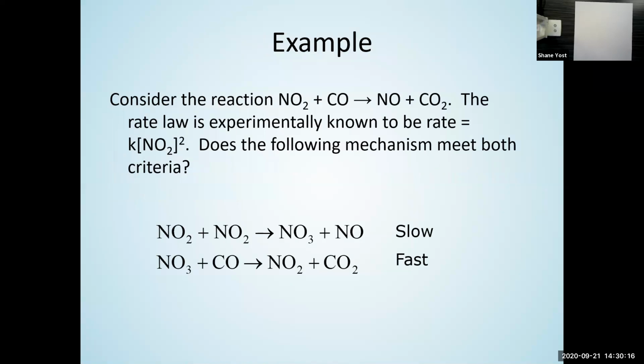So our question with this example we've been working with, NO2 plus CO going to NO plus CO2, is this: the rate law is equal to k times [NO2] squared, determined through experiment. I have this proposed mechanism where I know the first step is slow and the second step is fast.